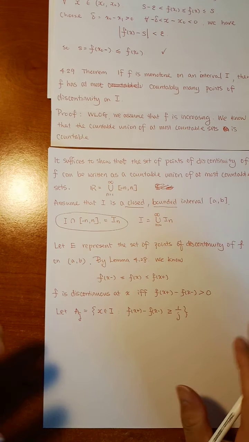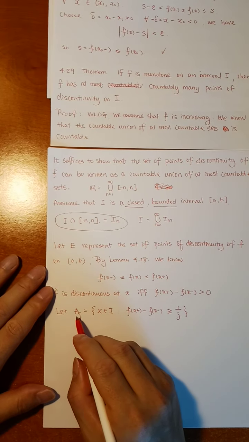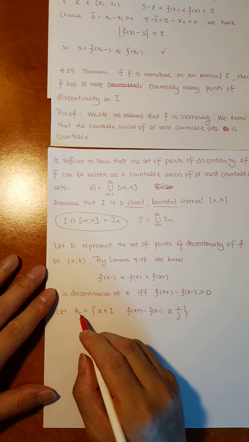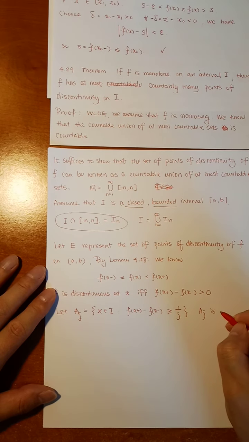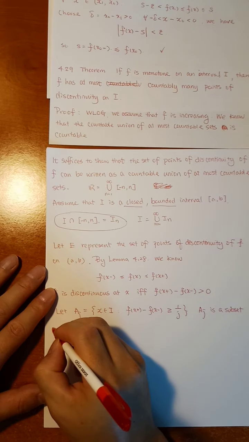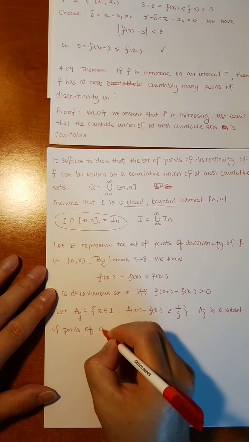This time we use 1 over j to represent a smaller number. And then A_j is a subset of the points of discontinuity.